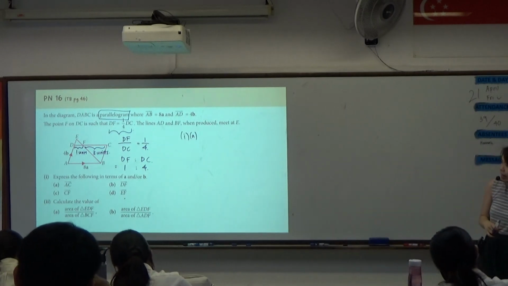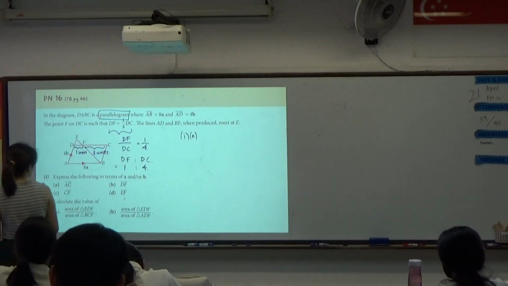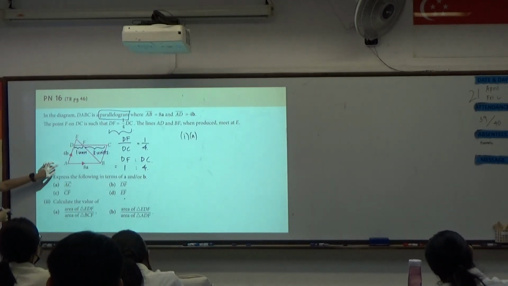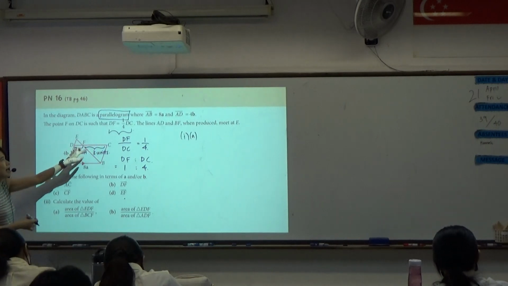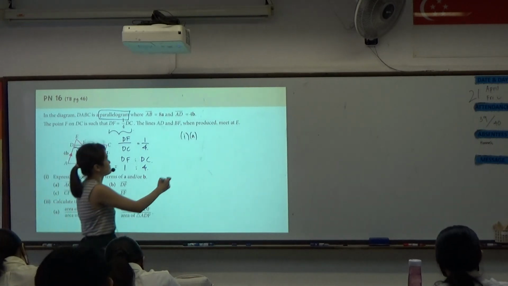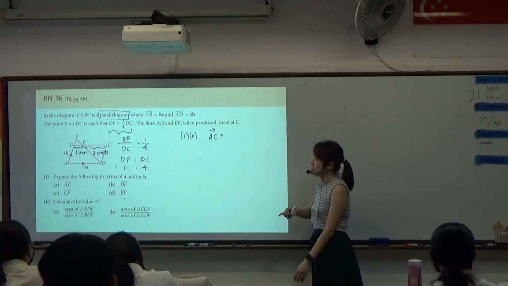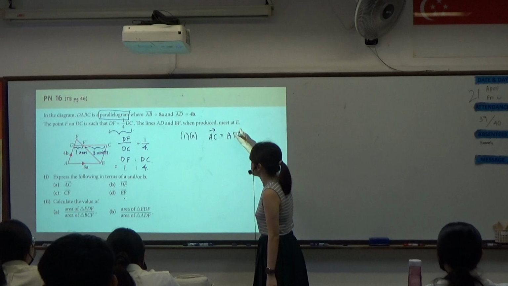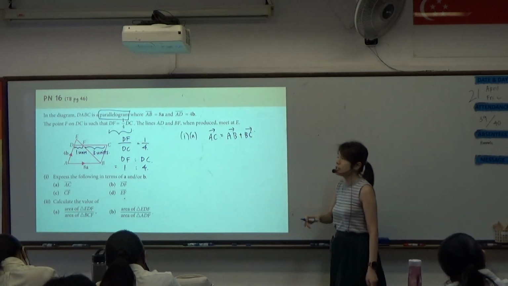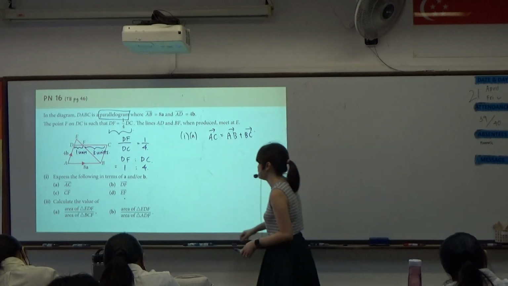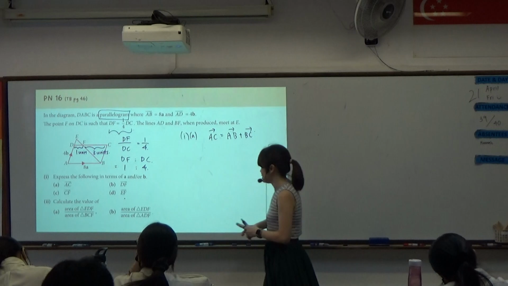Then in part (a), we want to express the following terms in terms of A and B. So AC will be this diagonal going across your parallelogram. We know that AC can be expressed as AB plus BC. But this is not the only way that you can express it. You can also see it as AD plus DC.